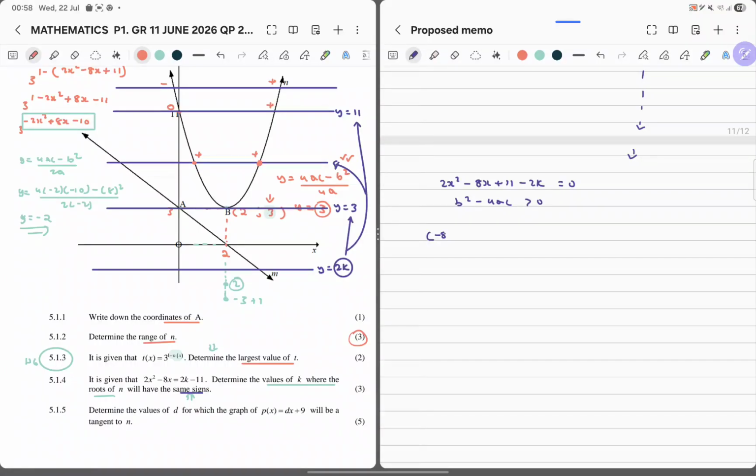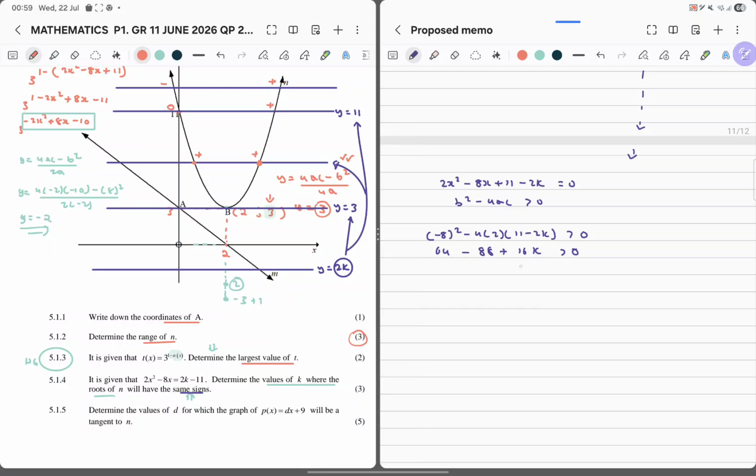So b here is minus 8 squared minus 4 into 2 into c, which is 11 minus 2k, greater than 0. So this is 64 minus, this is 8, minus 8 times 11 is 88. So this is 88 plus 8 times 2, that's 16k greater than 0.